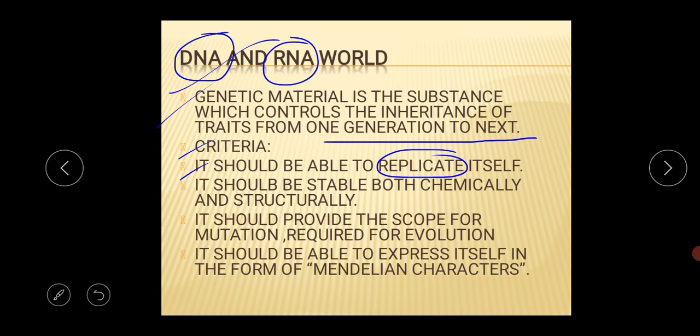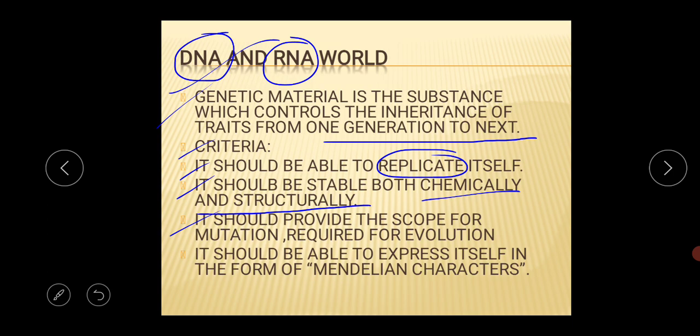The next criterion is that it should be stable both chemically and structurally. DNA and RNA have a structurally stable chemical and physical structure. Next, it should provide the scope for mutation.